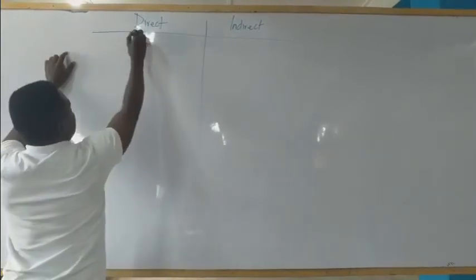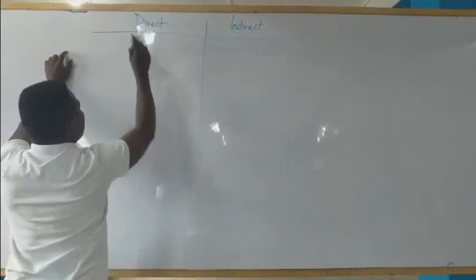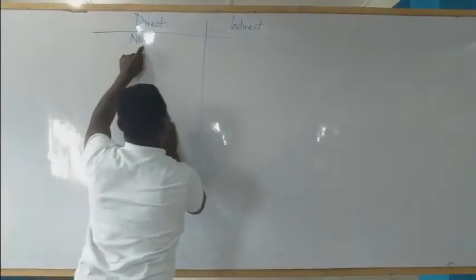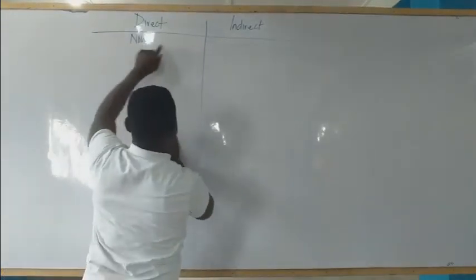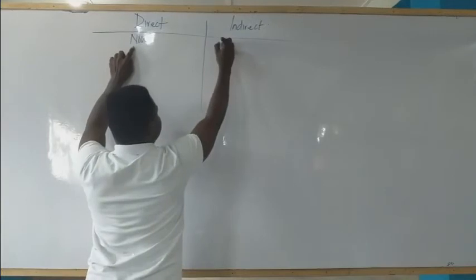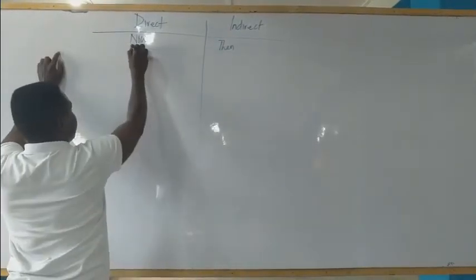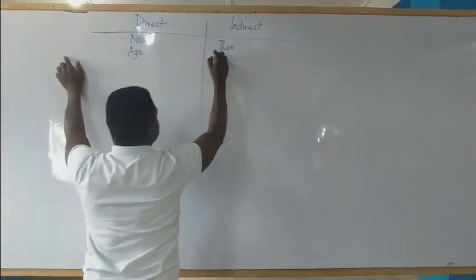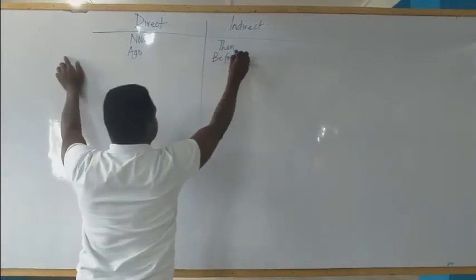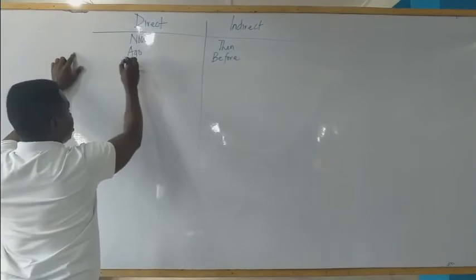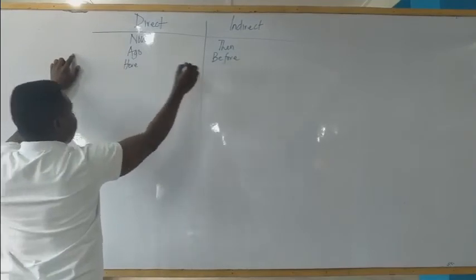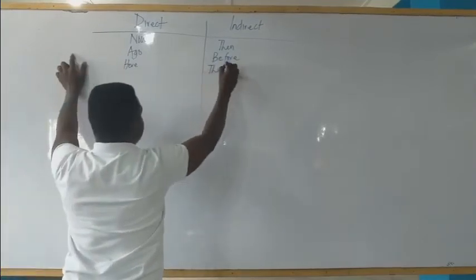So number 1, when you have "now" in direct, by the time you want to report an expression, it will change the word to "then." Now becomes what? Then. Ago becomes what? Before. Here becomes what? There.